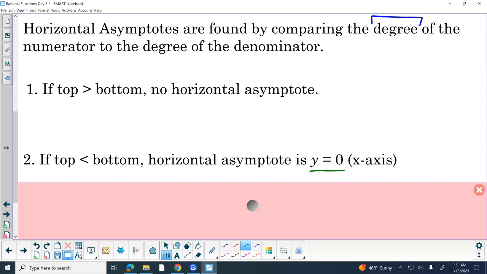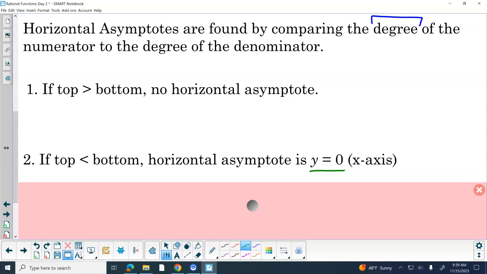That's what you've been dealing with up to this point. Okay? You've always had a larger degreed polynomial on the bottom. You just have to notice.